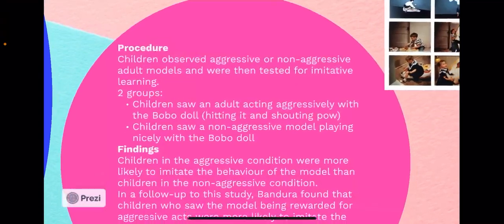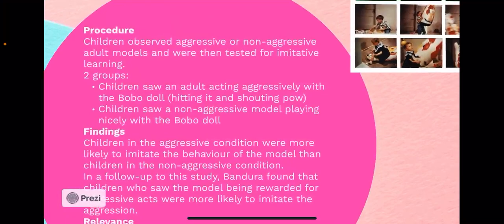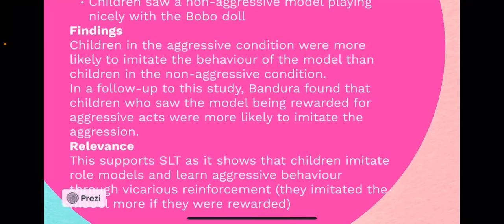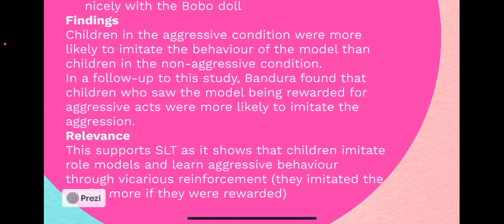If we have a little look, the procedure: children observed aggressive or non-aggressive adult models and were then tested for imitative learning. There were two groups. Children saw an adult acting aggressively with the Bobo doll, hitting it and shouting "pow," or children saw a non-aggressive model playing nicely with the Bobo doll. Findings: children in the aggressive condition were more likely to imitate the behaviour of the model than children in the non-aggressive condition.